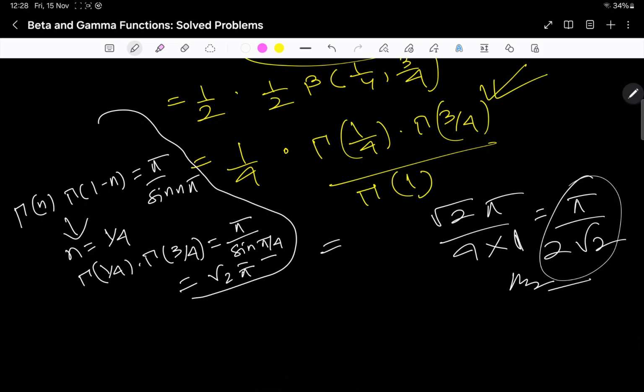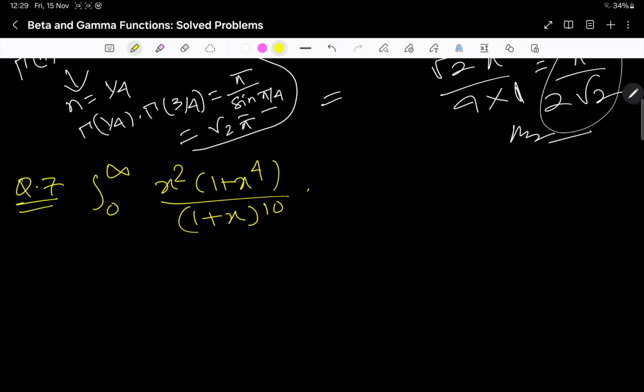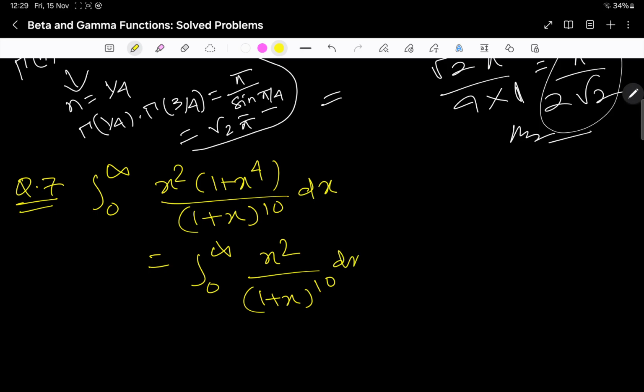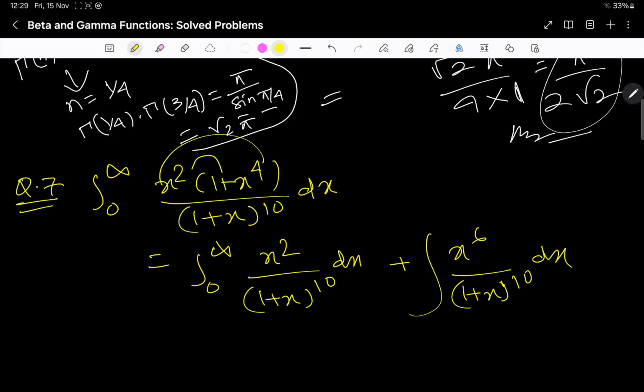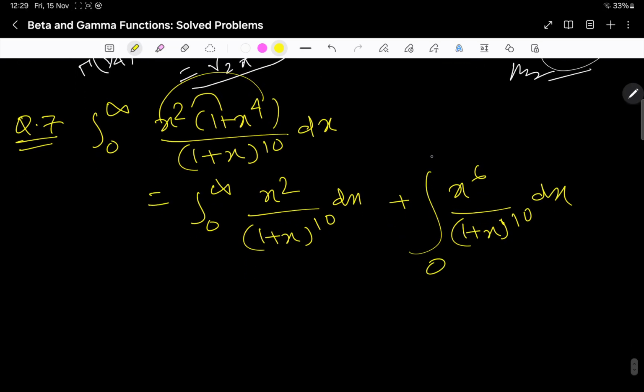Coming to one more example, suppose you are to solve it. Now you split it. So this is equal to the integral from 0 to infinity of x square by 1 plus x to the power 10 dx, plus x to the power 6 by 1 plus x to the power 10 dx. Already I have told you the formula for the integral from 0 to infinity.